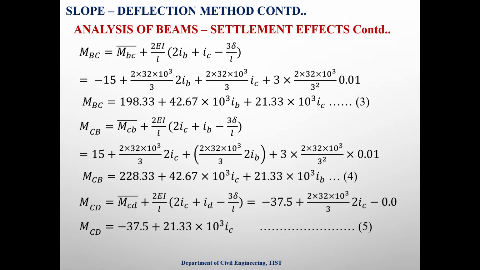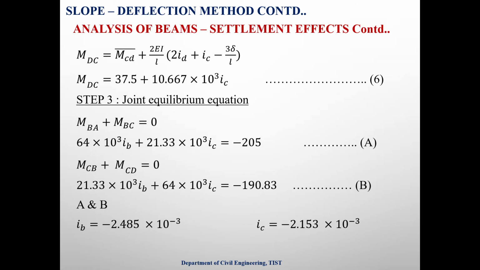Substituting all the fixed end moment values, we will get equations number 1, 2, 3, 4, 5 and 6. After getting the slope deflection equations, step 3 is the joint equilibrium equations.